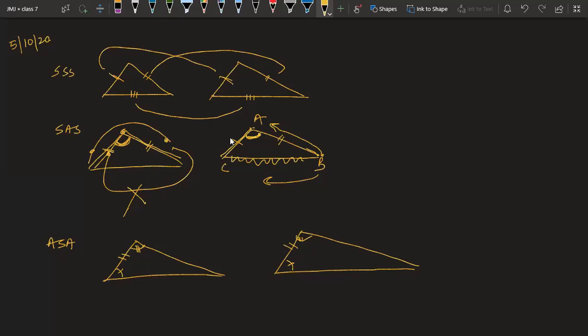So you can observe there are two angles and the including side equal in the two triangles, then they are called congruent triangles by the criteria angle side angle.